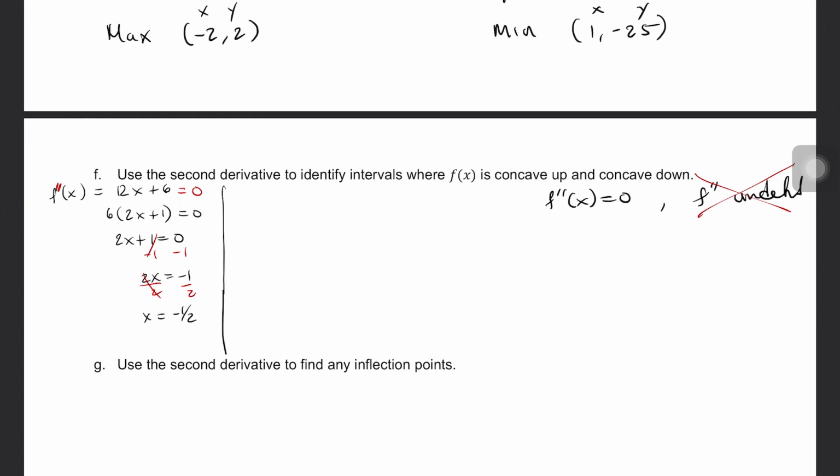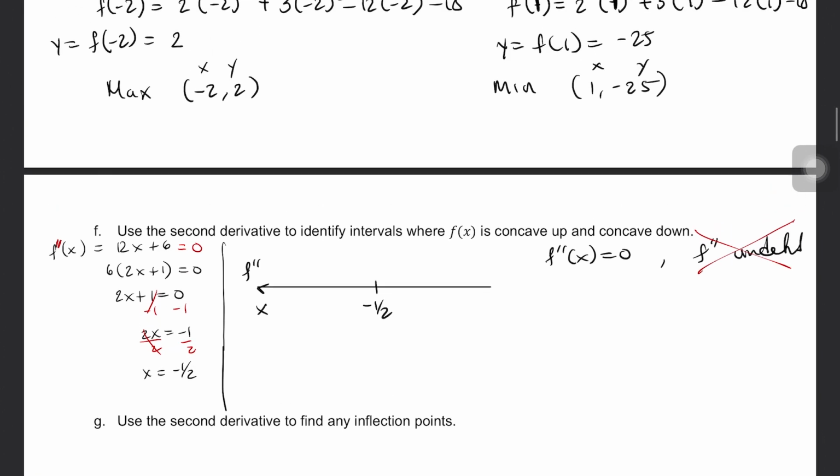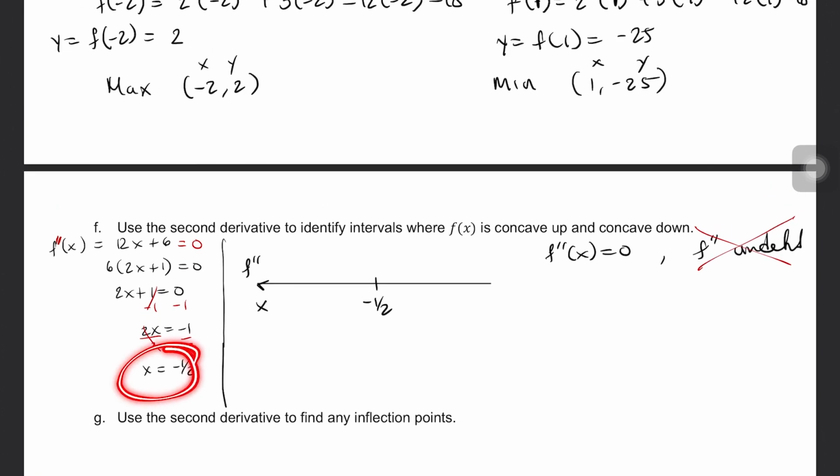All right, so the number line that we're gonna have here to find the concavity of the function is gonna depend on negative 1/2, right? And any vertical asymptotes, but we already mentioned that there's no vertical asymptotes, so there you go. So this is your x value, and what we're looking for is the actual value of the second derivative. Since the way we found this possible point of inflection is by setting the second derivative equal to 0, we already know that this is going to be 0 for the second derivative.